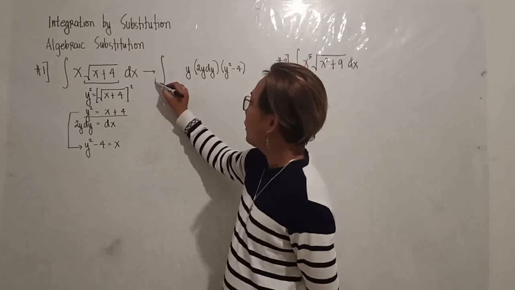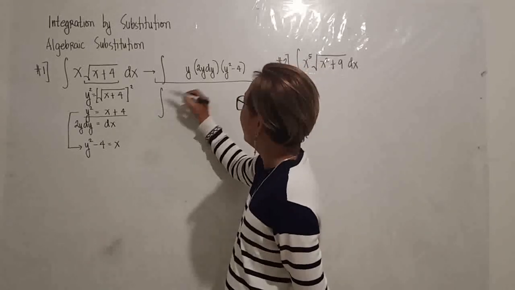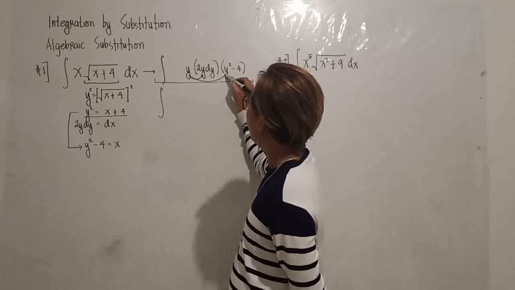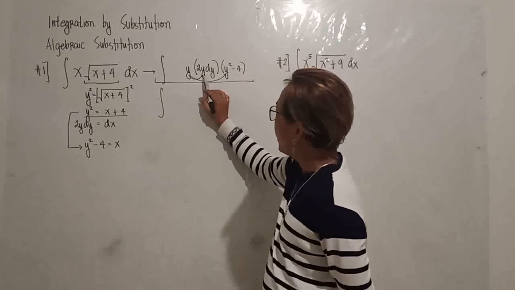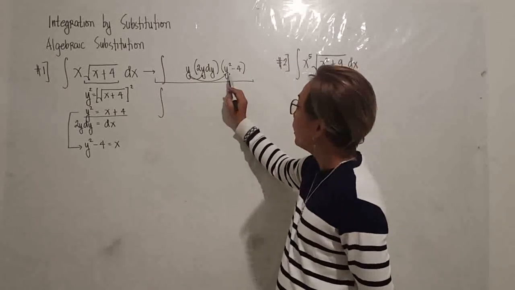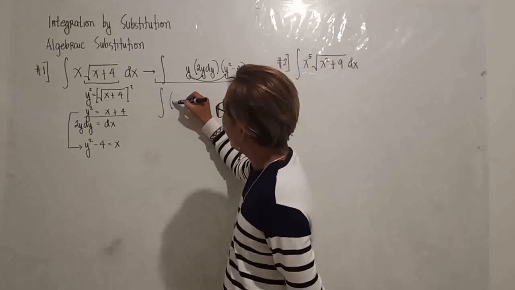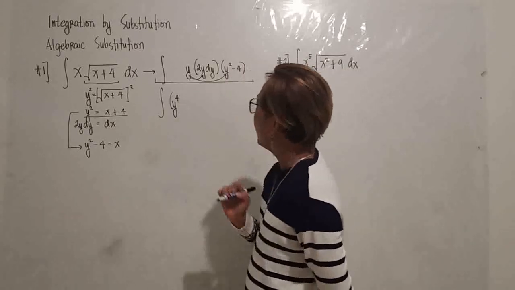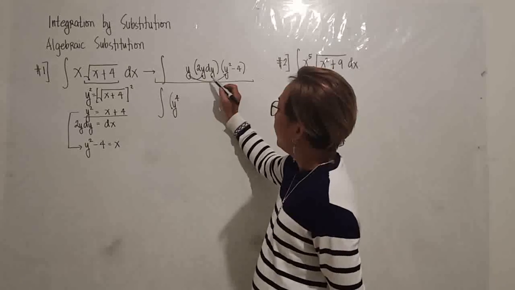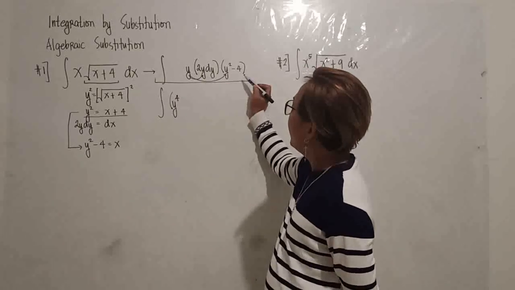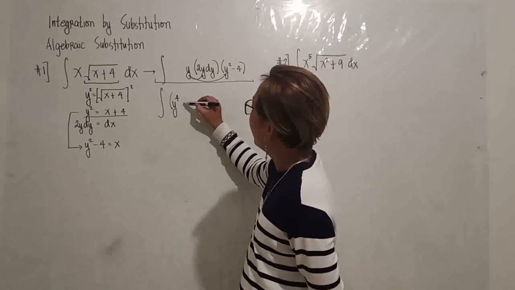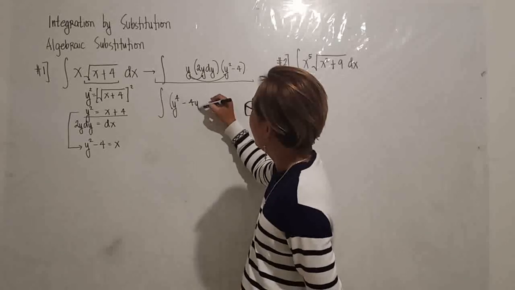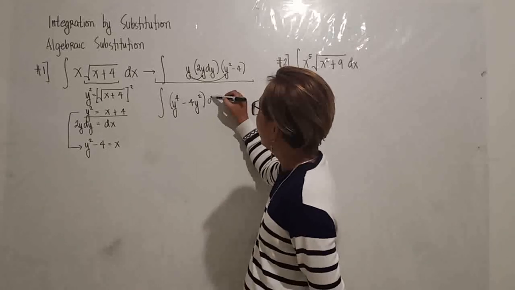Now simplify this equation. You will have the integral of distributing this y multiplied by y multiplied by y raised to 2. You will have y raised to 4. Then y, and negative 4, you will have negative 4y squared dy.